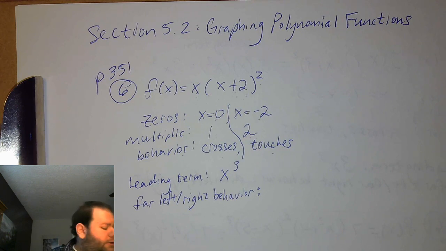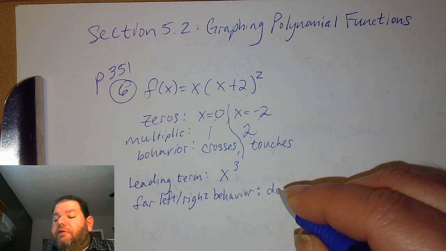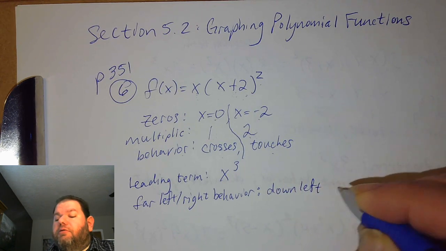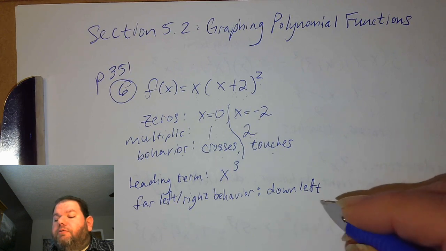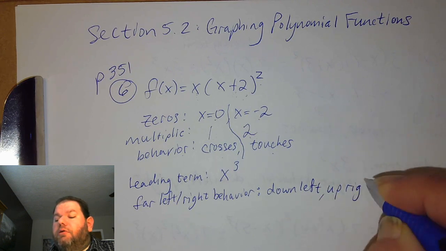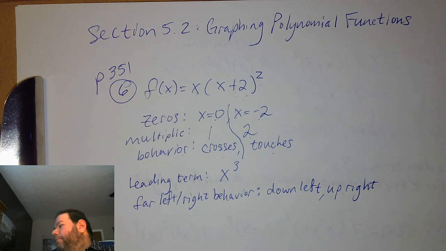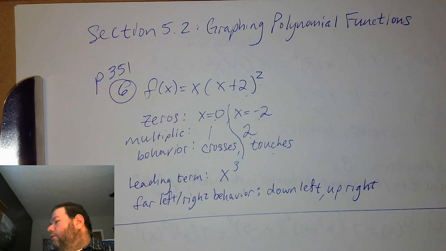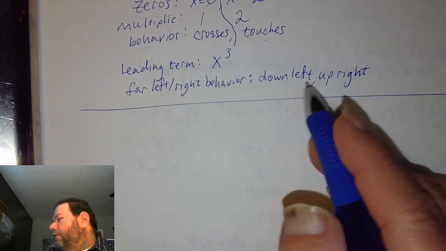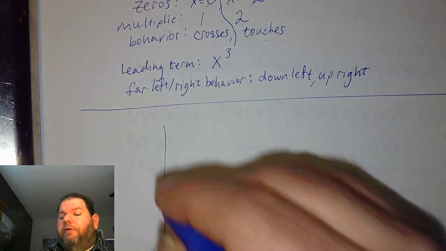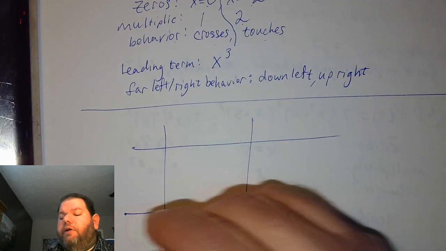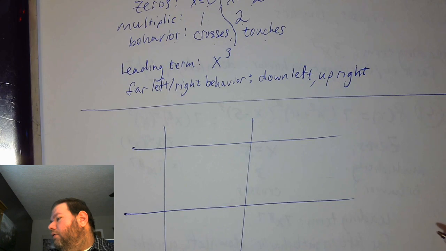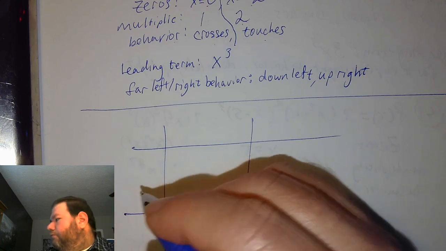Down left and up right. Once again, what's happening there with down left and up right? Let me recreate that chart I gave you here.